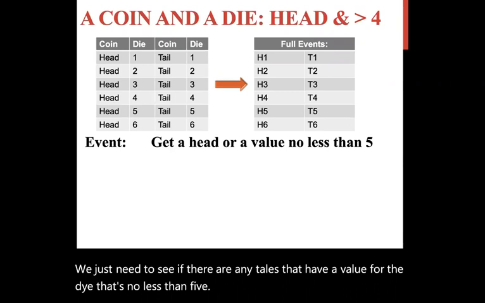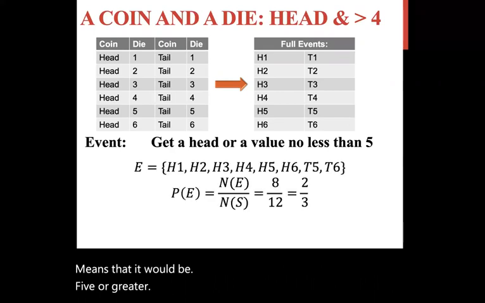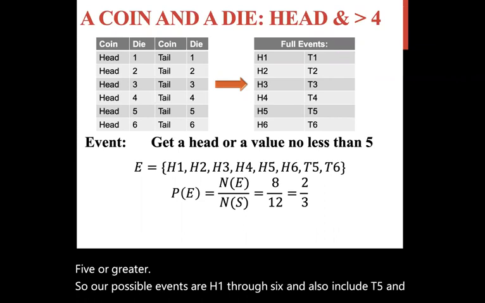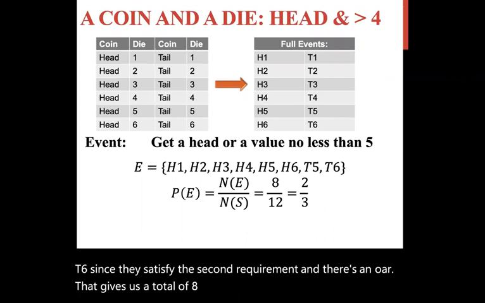And no less than 5 means that it would be 5 or greater. So our possible events are H1 through H6 and also include T5 and T6 since they satisfy the second requirement and there's an or. That gives us a total of 8 over 12, which simplifies to 2 over 3.